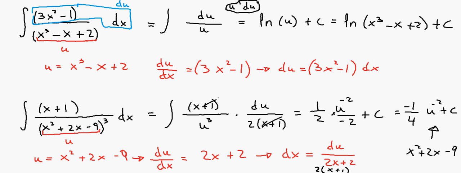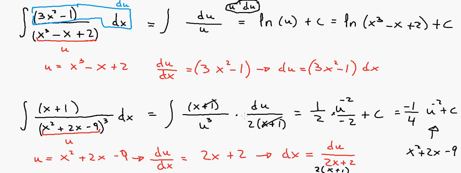We're really doing the same thing, just different names for the same thing. So instead of finding du and then finding where du is in the integral, we're going to find dx. And dx goes up here, the 2x plus 2 goes down there, so it's going to be du divided by 2x plus 2.